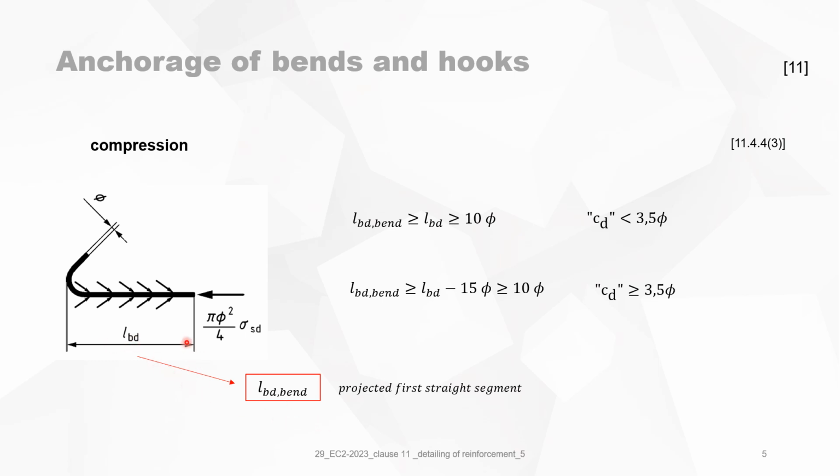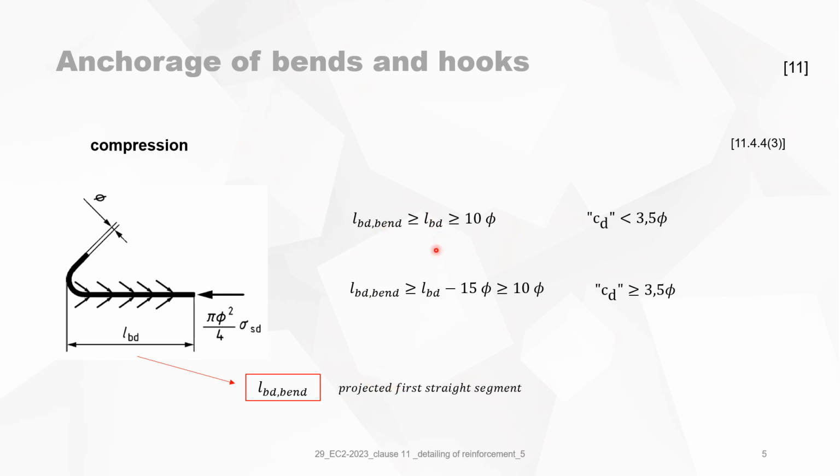And the definition here of this portion is the projected first straight segment. Now this definition is not corresponding with the figure, because in the figure you have a curved segment in it. So why make a definition which is not corresponding with the figure? So I've chosen to follow the figure and not the text.